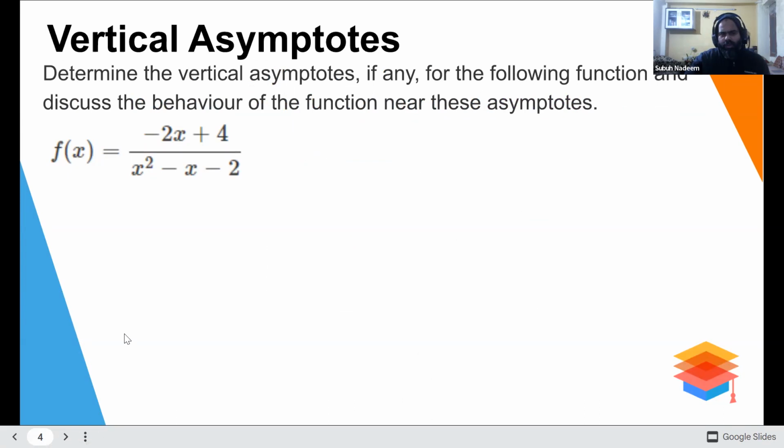So, I will just give you an initiative: the denominator is the important one. You have to factorize it, see where it is zero, and also see whether it is in its simplest form or not. Then you will find the vertical asymptote. Okay, so I'll be back in 5 minutes. You just try this. Okay, sir.